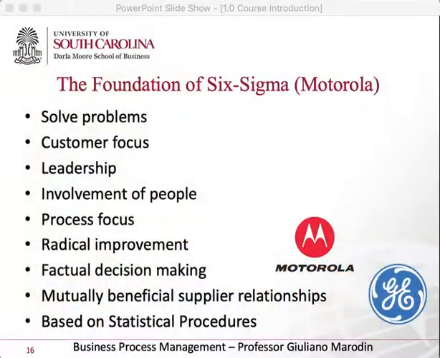They changed it a little bit, and that's how we're going to learn about it. And the incentive to use it was the billions of dollars that GE saved by using this methodology. Okay, and they advertised a lot and talked a lot about that, and more and more companies started using it. So it's about solving problems.